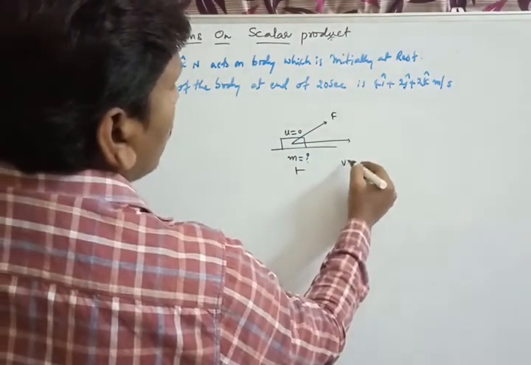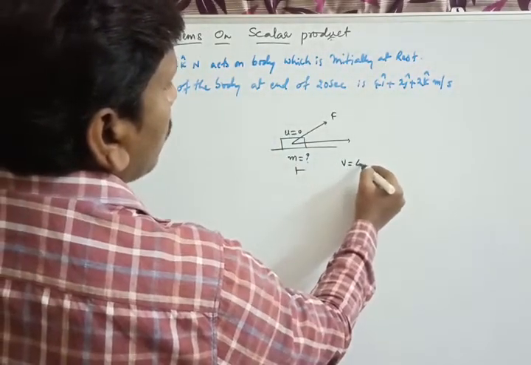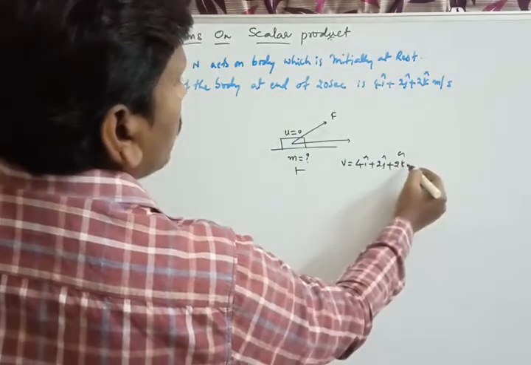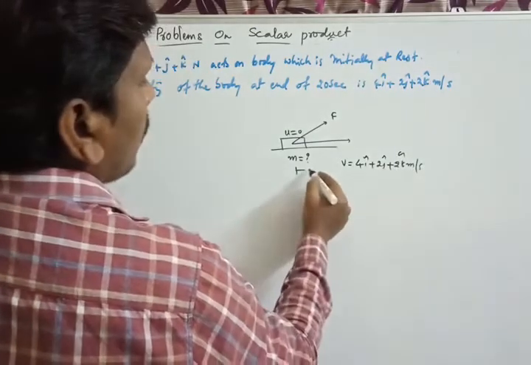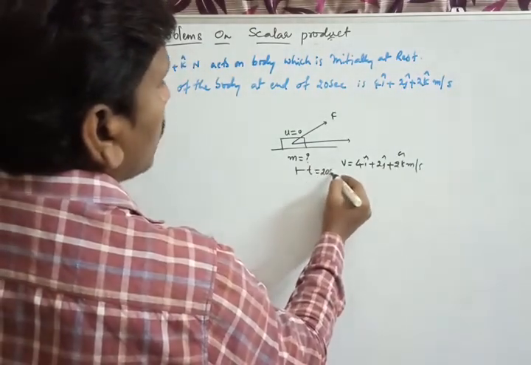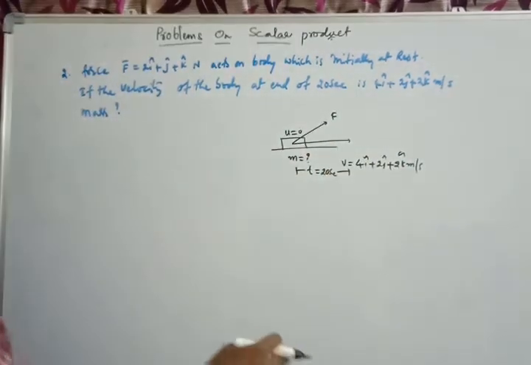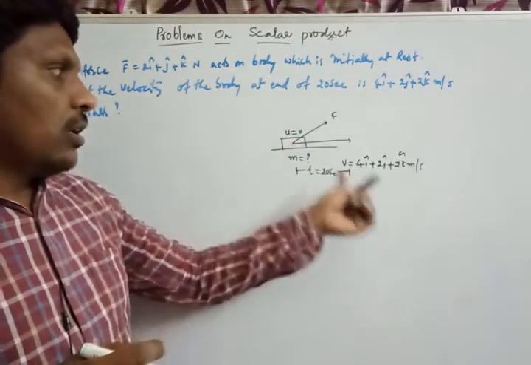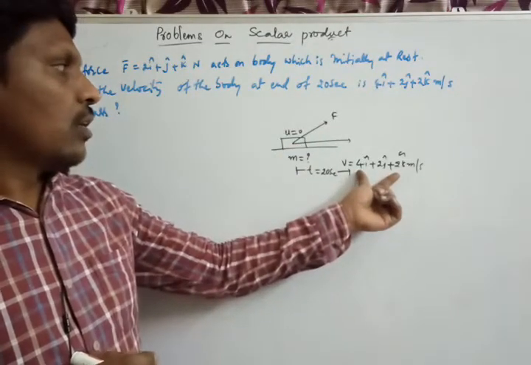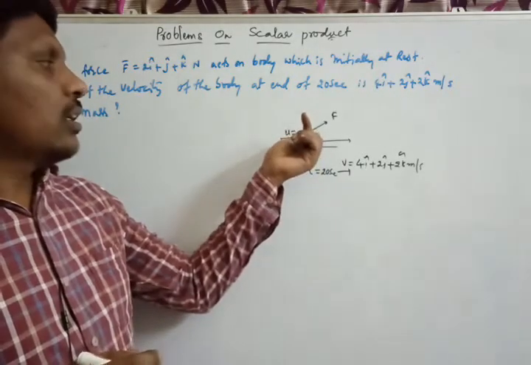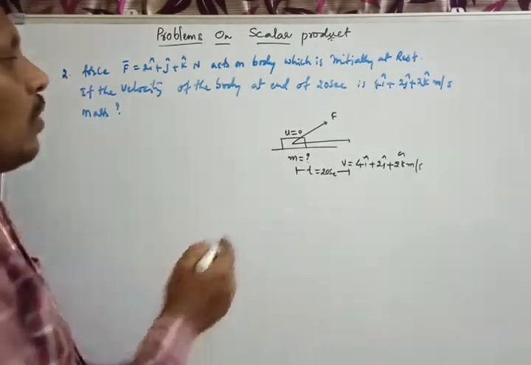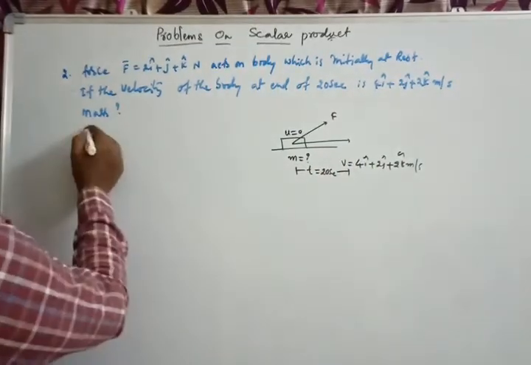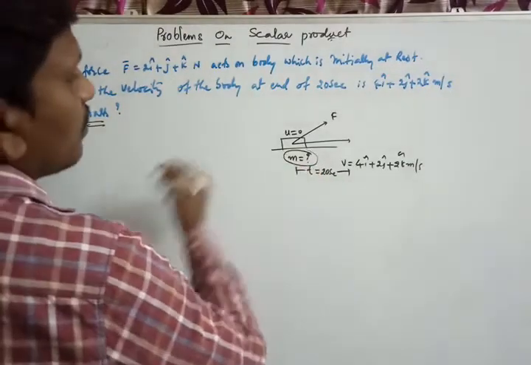Finally it has a velocity of 4i cap plus 2j cap plus 2k cap meter per second after t equals 20 seconds, after moving some displacement. Initially the velocity of the body at rest is 0. After the force is applied, it has some final velocity. So we need to find the mass of the body.